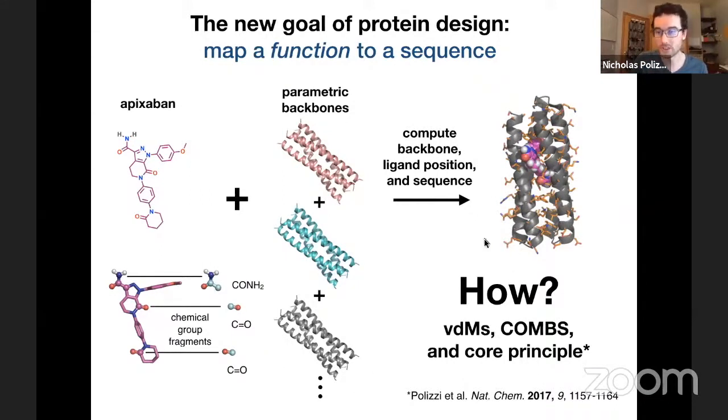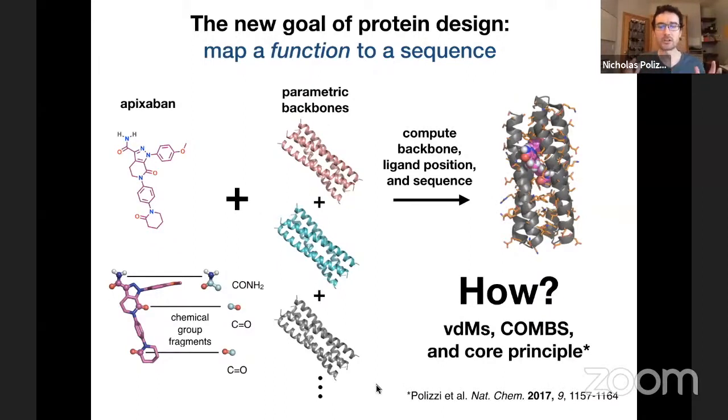And so you can go from a target ligand to a protein in a computer, make that protein, and it works to bind specifically the target ligand. I do that using these tools that I've built over the past few years, Vandemers, this COMBS algorithm, this core principle, which I haven't talked about, but you can find in this paper.